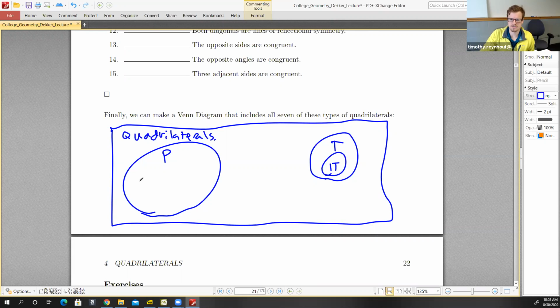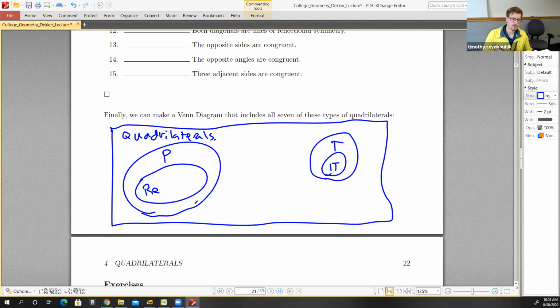The next one that's fairly easy to identify is the collection of rectangles. Rectangles are parallelograms in which the four interior angles are right angles. But we have another thing that's like that too, which is squares.